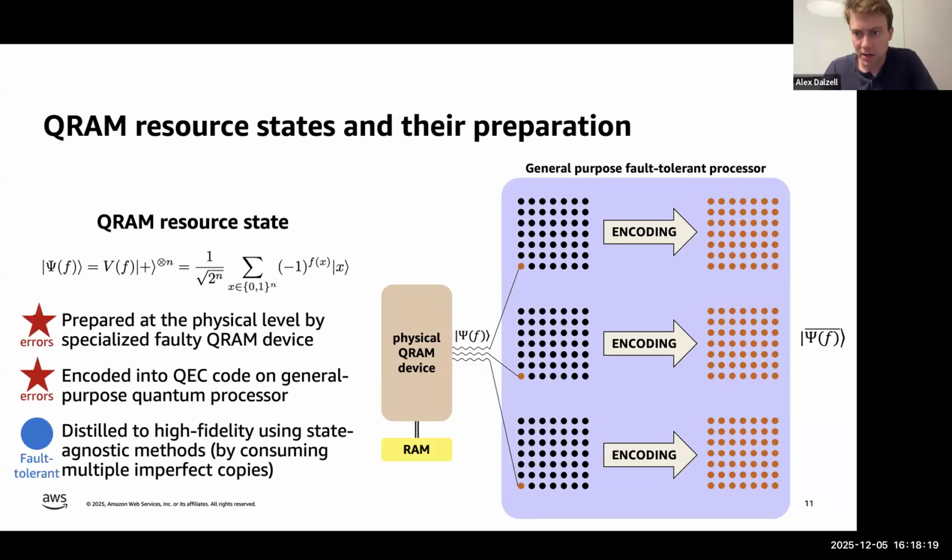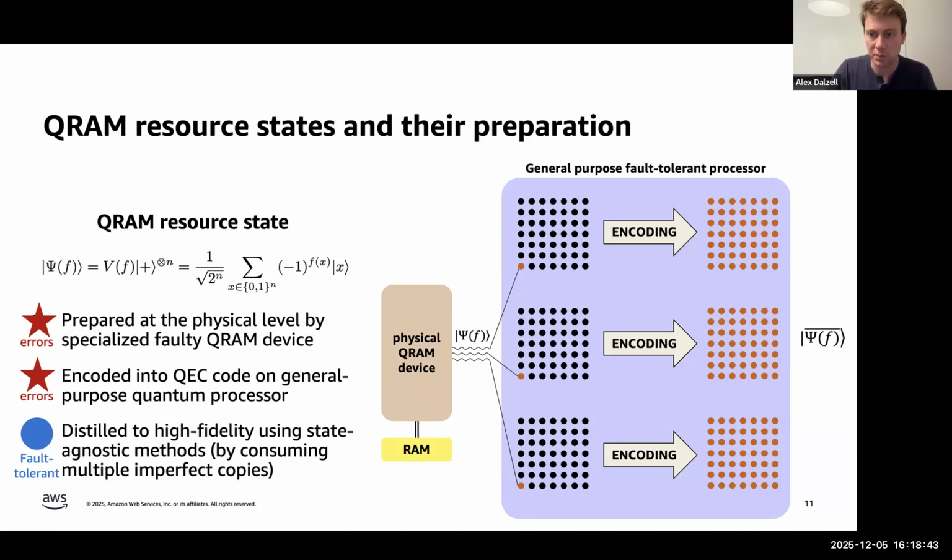Now, how do errors work in this process, right? Of course, the physical device is noisy, so our initial physical resource states have errors. Additionally, the encoding step is not fault tolerant, and it can introduce additional errors into the logical state that results. But these are controlled and can be quantified in a fairly strong way.